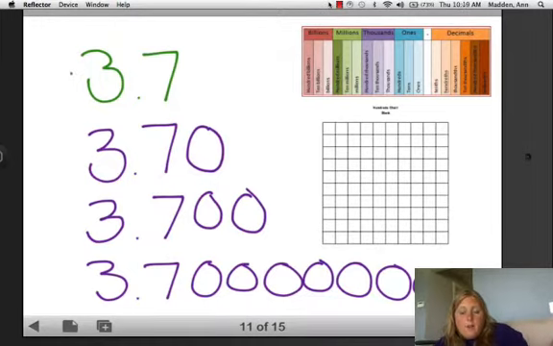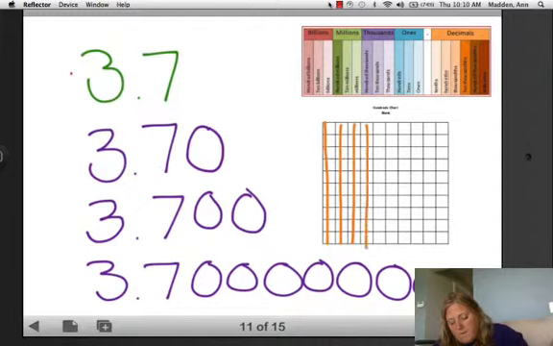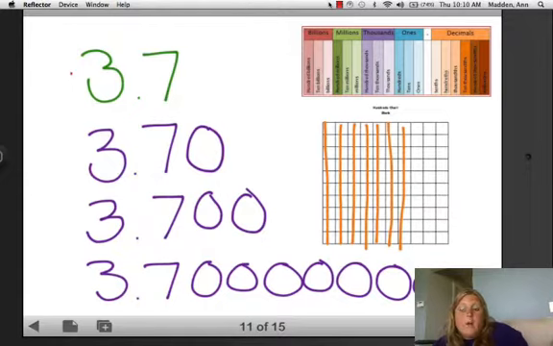All right, let's take a look at that a little bit further. I've put on a hundreds chart here, a blank one. We're going to look at 3 and 7/10. How is that equivalent, or the same, to 3 and 70/100? Now from this hundreds chart, remember each long line means 10. So if I count and fill in 7 over, 1, 2, 3, 4, 5, 6, 7, my chart, if I filled it in all the way, would look like that.